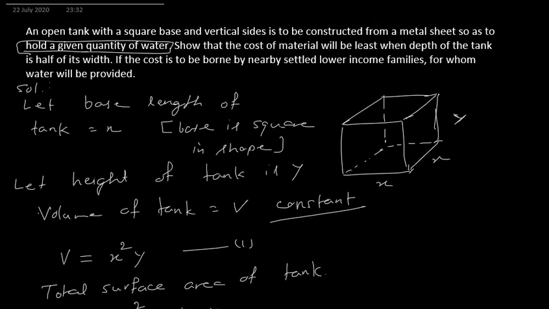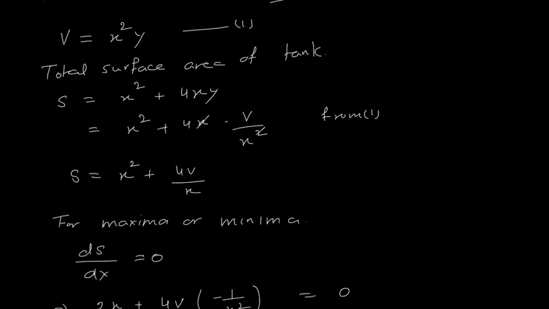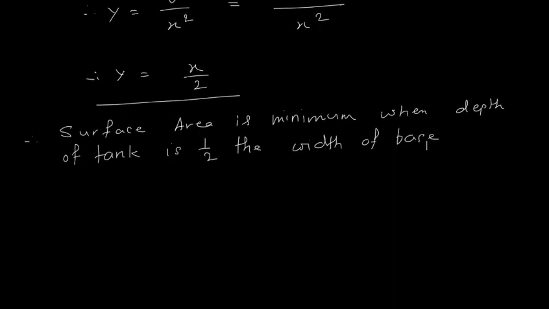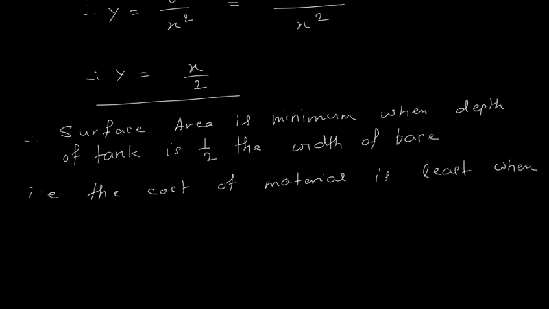So the surface area is minimum when the depth of the tank is half of the width, and because a smaller surface area means less material is required, the cost of material is least when the depth of the tank is half of its width of base.